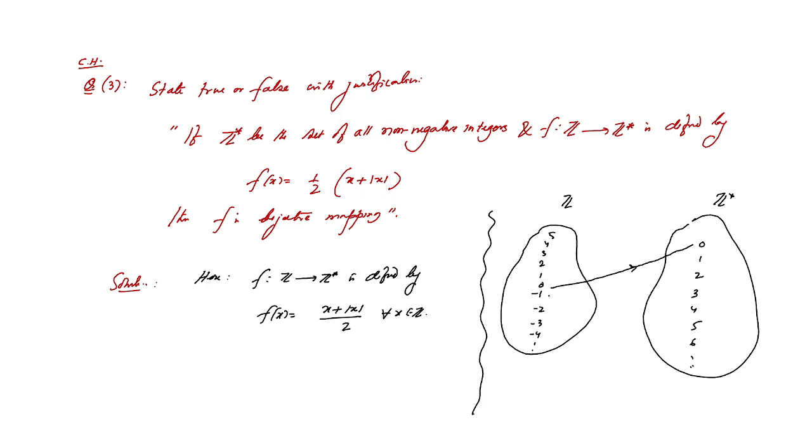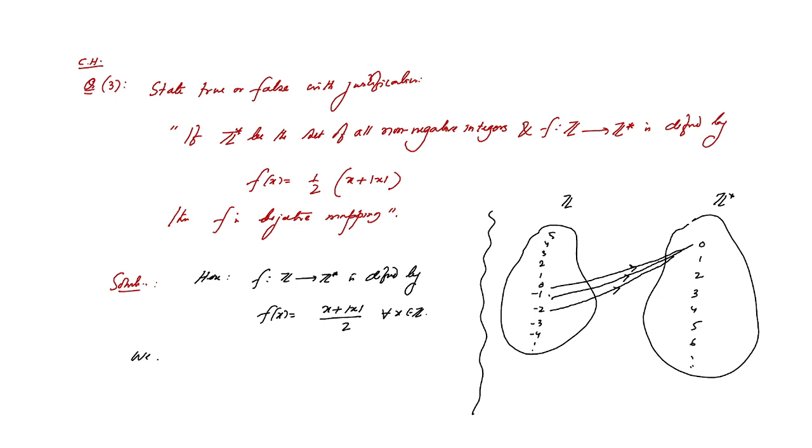Again the image of minus 1 is 0. The image of minus 2 is also 0. So here you have seen different elements have the same image. So f is not injective, that means it is not bijective.